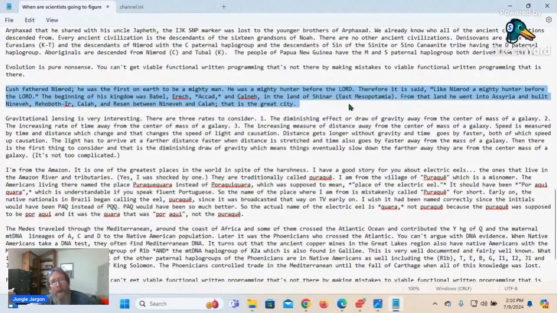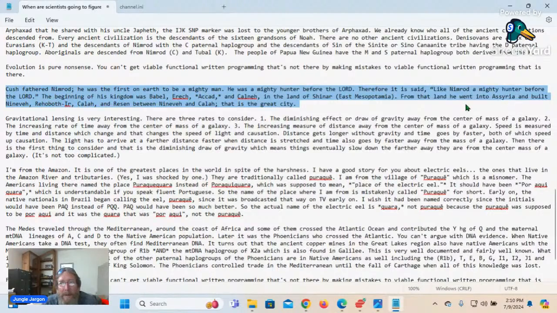So, right in the Bible, it says who Nimrod is and what he did and what he was responsible for. The beginning of his kingdom, which was a great kingdom, was Babel, Erech, and Accad and Calneh.